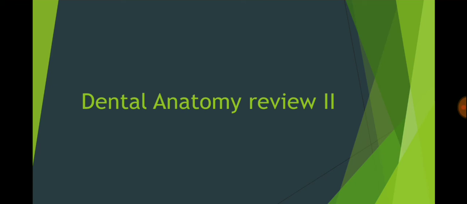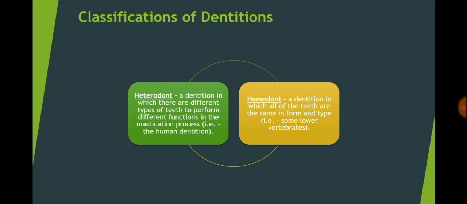All right, so let's discuss the classification of dentition. There's a heterodont. A heterodont is dentition in which there are different types of teeth to perform different functions in the mastication process.